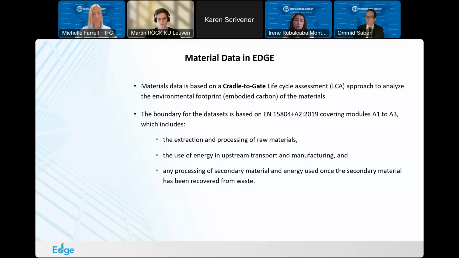This includes the extraction and processing of raw materials, the use of energy in upstream transport and manufacturing, and also any processing of secondary material and energy used once this secondary material has been recovered from waste. So for example, if we have a material that has recycled content, we must account for the energy associated to reprocessing this component.